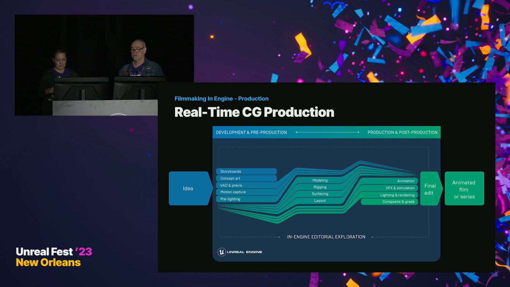I do think there are a few of you that already know this workflow pretty well, so I'm surprised to see a lot of you here. But in terms of pre-lighting and the motion capture in the front end of this, it quickly gets to the second stage. The modeling, the rigging, the surfacing, all of this is overlapping, and you can tell just by the way that these tear up and tear down, all of this is an ongoing process.